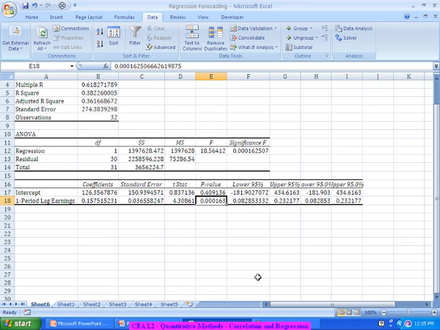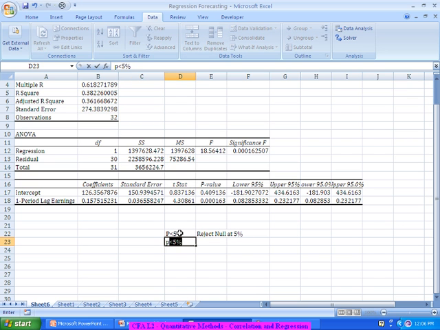Now what we are saying is, if whatever the calculated p-value is less than 0.05, reject the null at the 5% level of significance. P-value less than 5%, reject null.